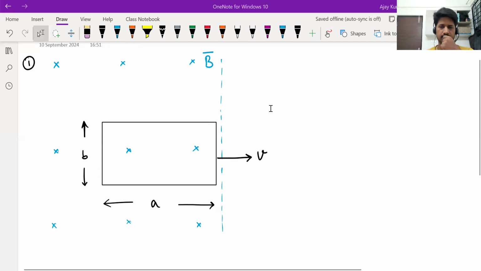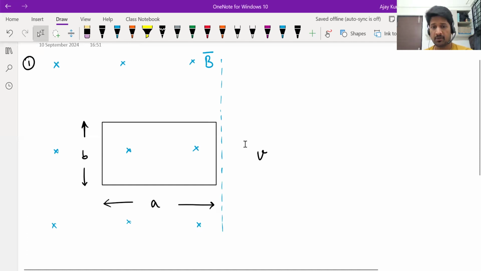Sir, it will change. Okay. Why? The field is not varying, no? Why does the flux change? Sir, as it will pass the boundary, the amount of flux, as it moves, it will be less, right? It will become less and less.